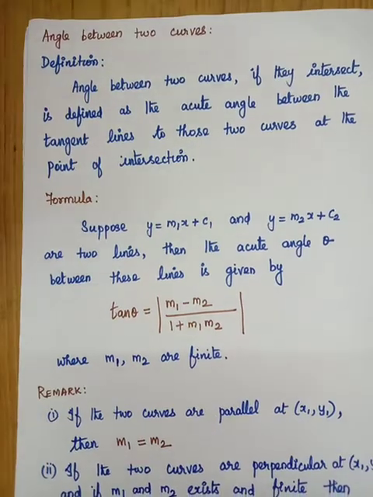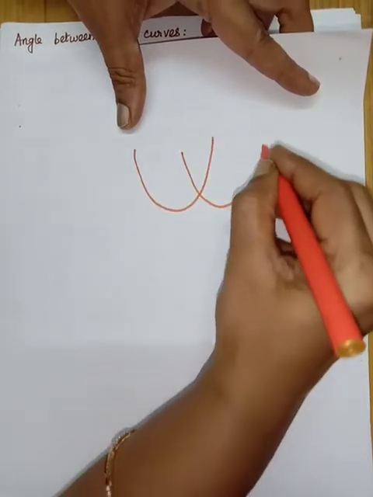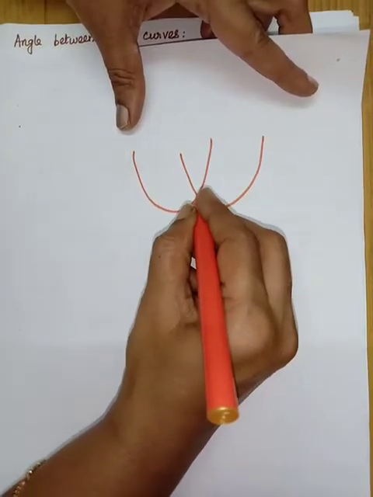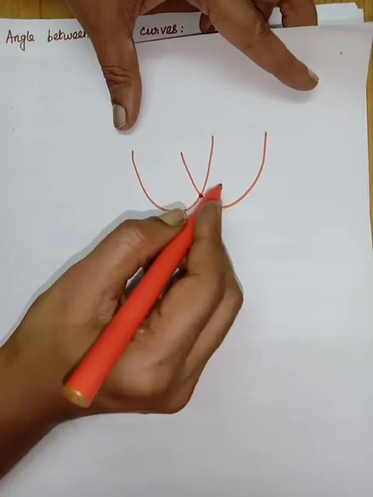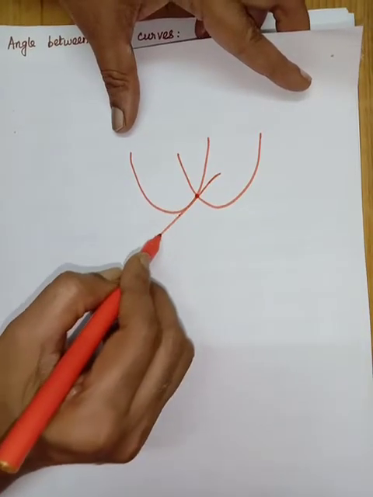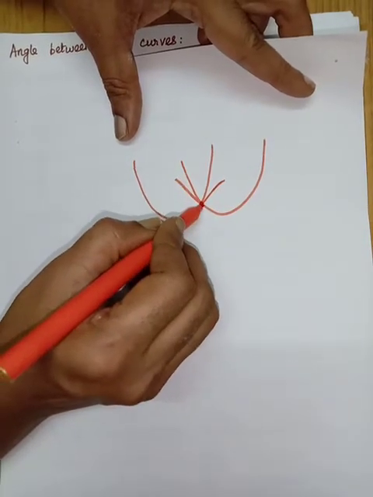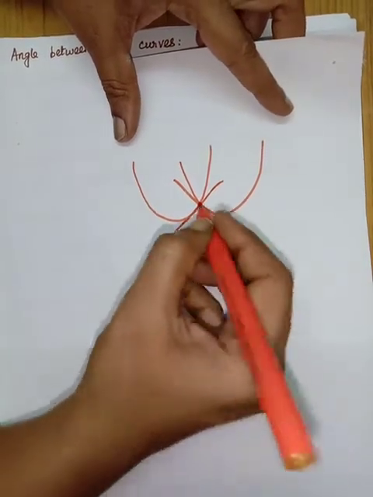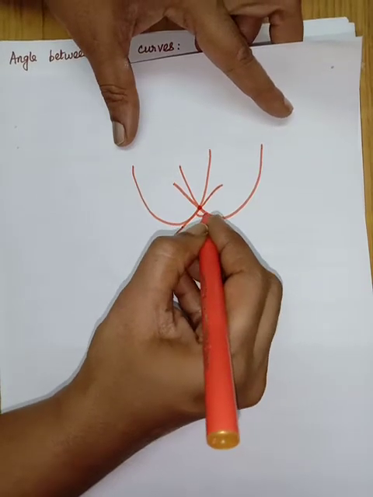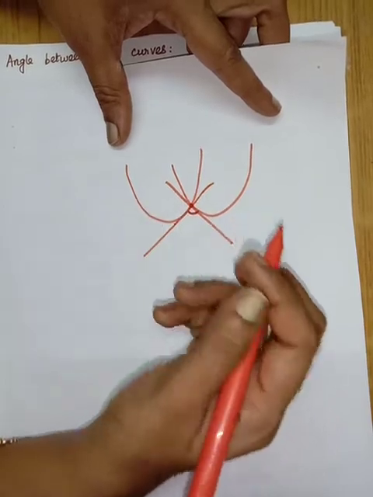Okay, see now, I'll take two curves. They are intersecting at this point. So at the point of intersection, you have to draw the tangent line to the first curve at that point. The same way, you have to draw the tangent line to the second curve. So the acute angle between these two tangents is nothing but the angle between two curves.